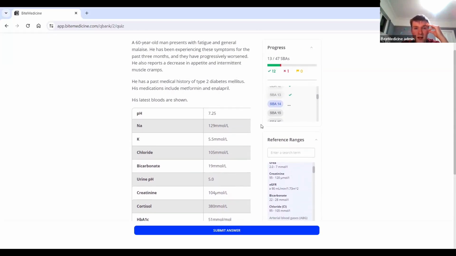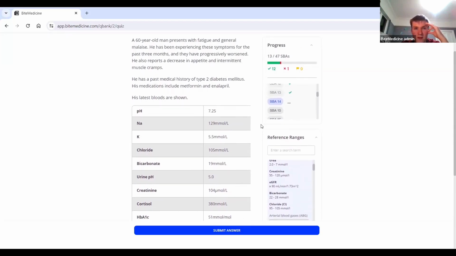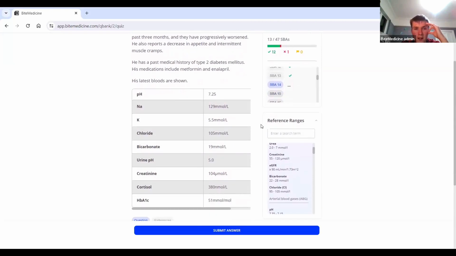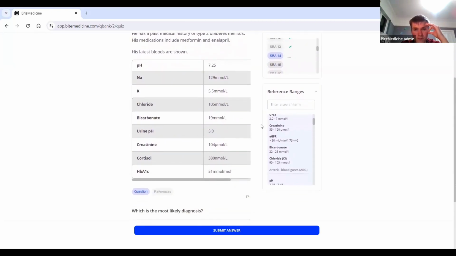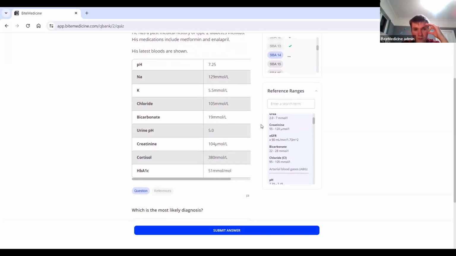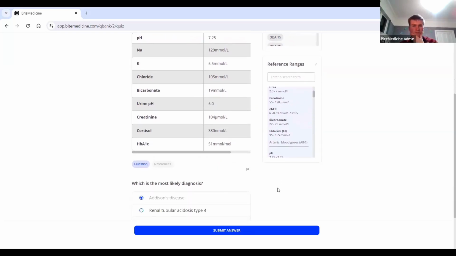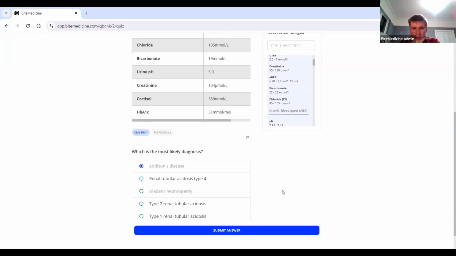I'm sorry to let you guys down on this one. I don't think I'm going to get this one right. So, type 1 renal tubular acidosis is a problem with the distal tubules.